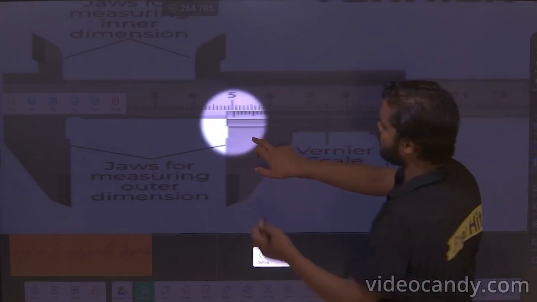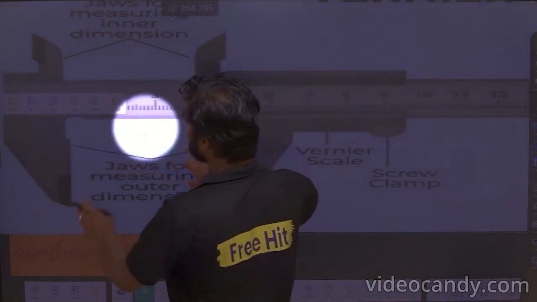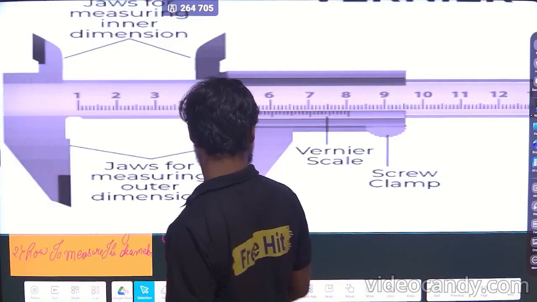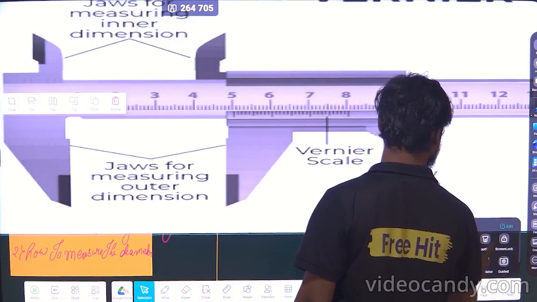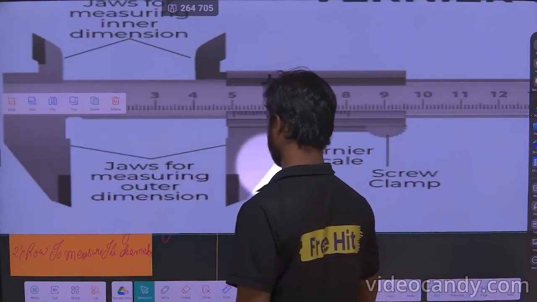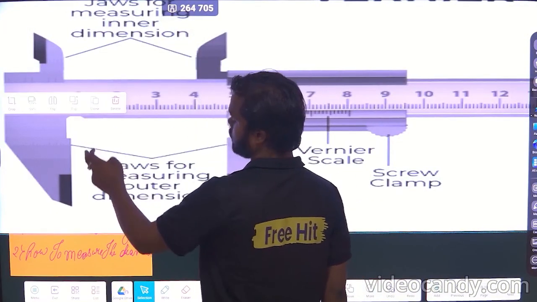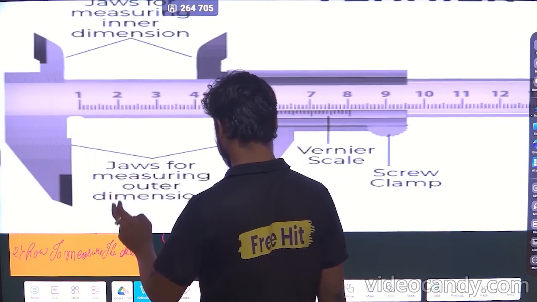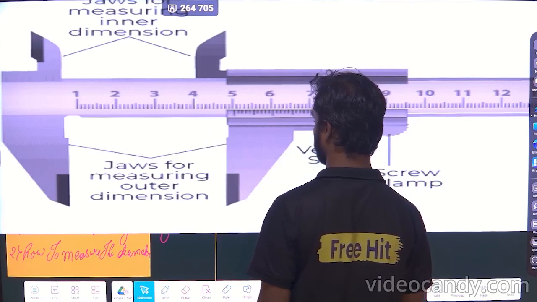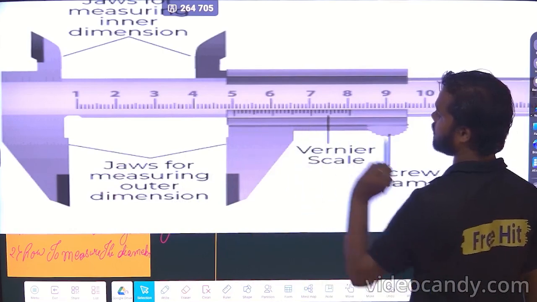This is the 0 of the vernier scale, na? This is the 0 of the main scale, and this is the 0 of the vernier scale.